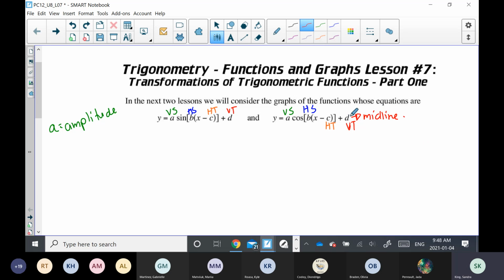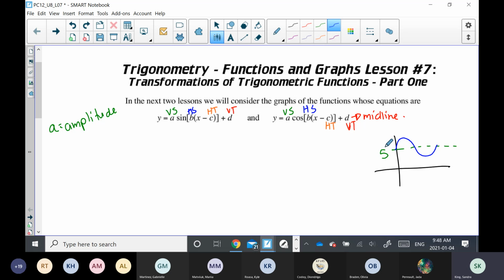So for example, if this was a +5, and you don't have to draw this, that would mean that the middle of my graph is going to be at 5. And then that would be like my sine graph. The D value changes the midline of your graph, okay?